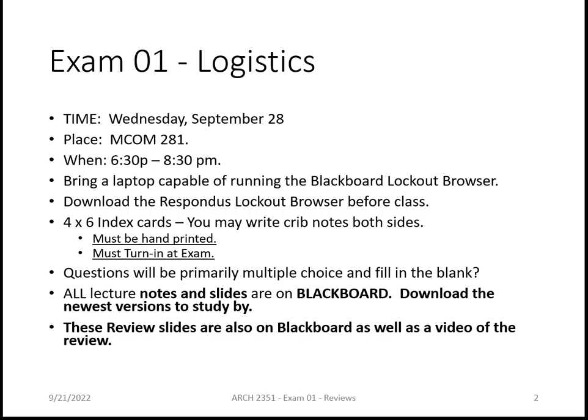If you don't already have it on your computer, this will take you to the download. You have to download it through this link. You can't just go directly to Respondus and get it, because they have to know that Texas Tech bought it so that you can use it. So you have to go through this link right here.